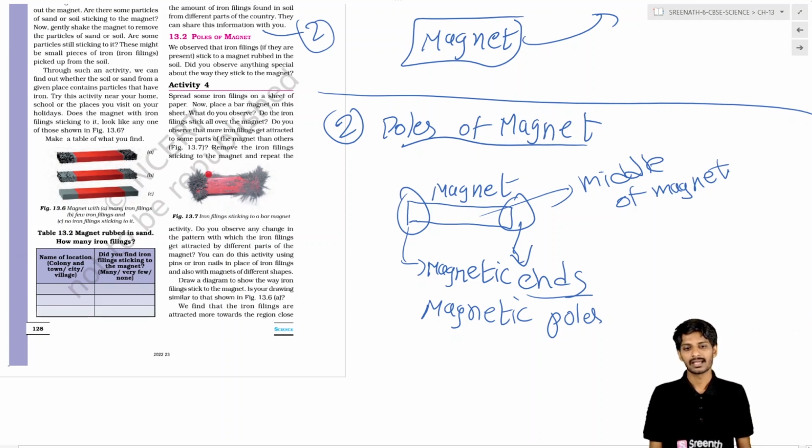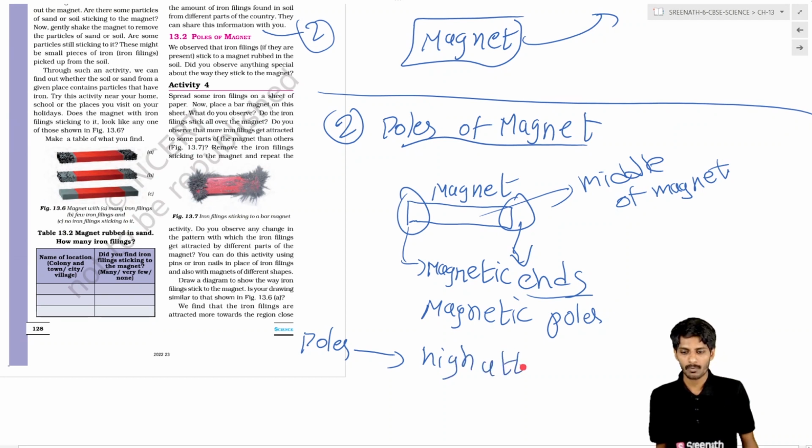So the end parts of the magnet have more attractive property. So we named the end parts of the magnets the poles. So magnetic poles have high attractive property.